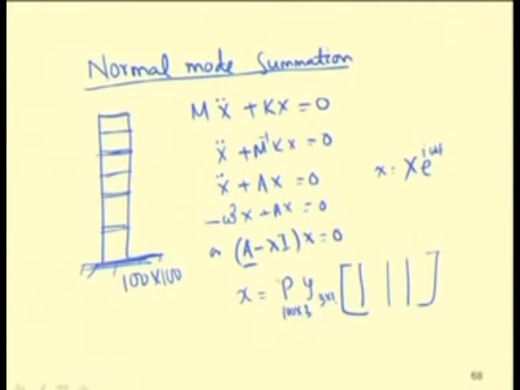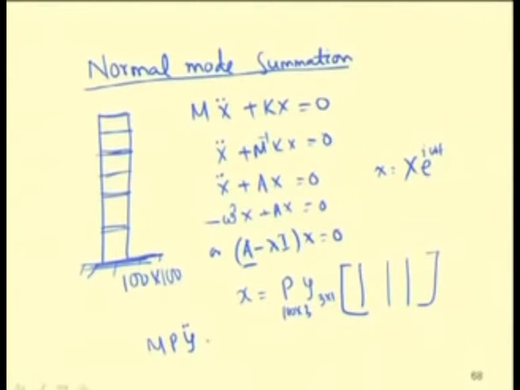If one substitutes this in the original equation, one can write M P y, where M is 100 by 100, P is 100 by 3, and y is 3 by 1.